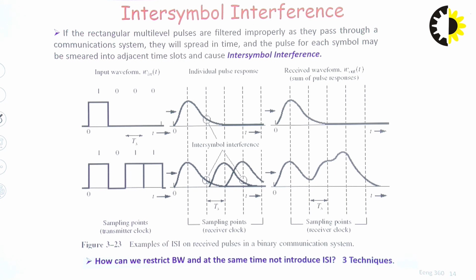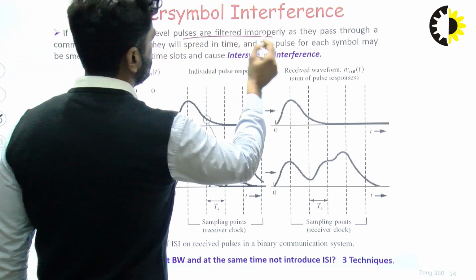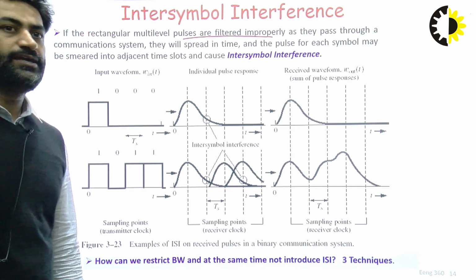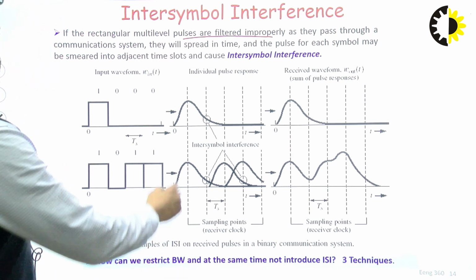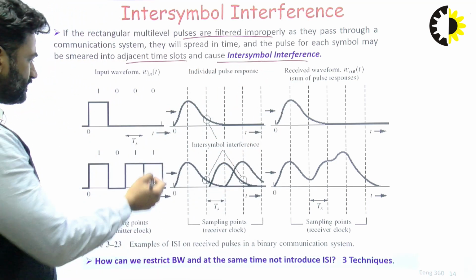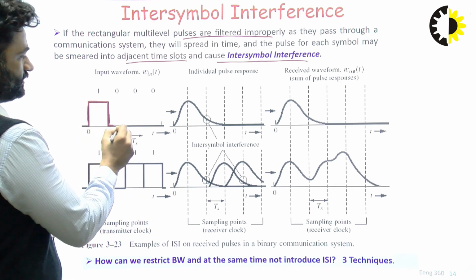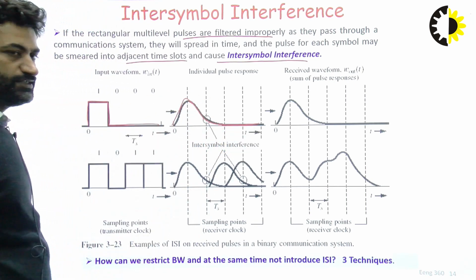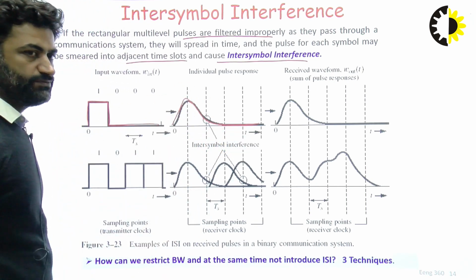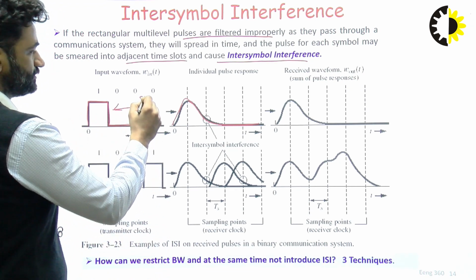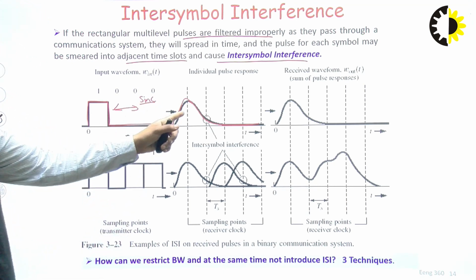This slide also explains the ISI. If the rectangular multilevel pulses are filtered improperly as they pass through a communication system, they will spread in time, and the pulse of each symbol may be smeared into adjacent time slots. This is called intersymbol interference. Here you can see the 1 and 0 data is represented as spreading of this pulse like this, because the Fourier transform of this rectangular pulse comes out as a sinc pulse. It is spreading in terms of a sinc pulse.